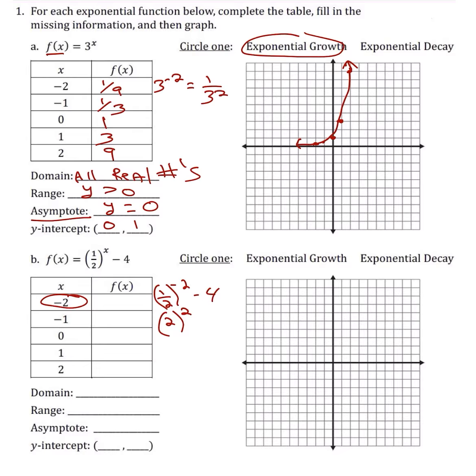So the 1 and the 2 in the 1/2, they switch positions. So we have 2 to the second, which is 4. 4 minus 4 is 0. Okay, if you need a little more explanation on this, please send me an email.